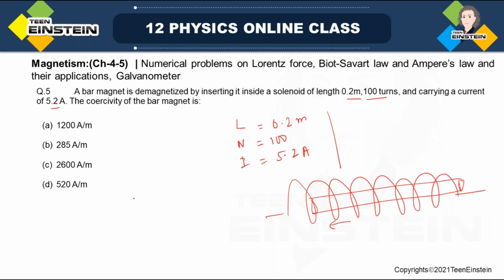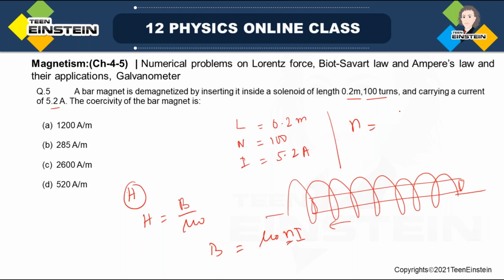So in this case, the coercivity of the bar magnet is H. So what is this H? It is the field strength, and that can be obtained by B by mu 0. And for a solenoid, you know what B is? B is equal to mu 0 n i. What is this n?